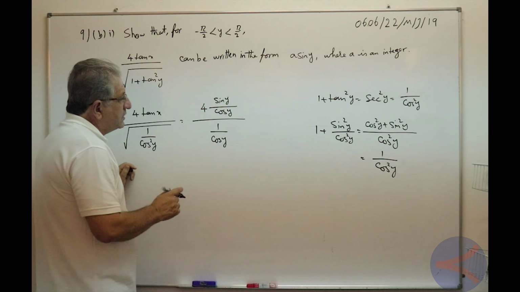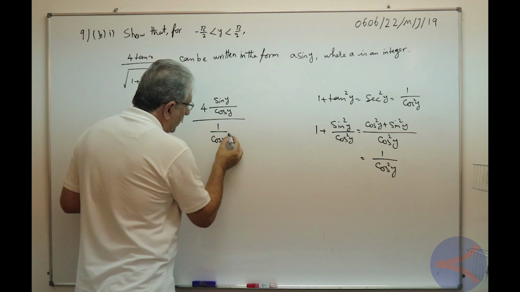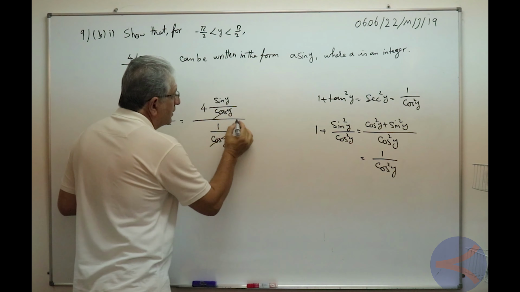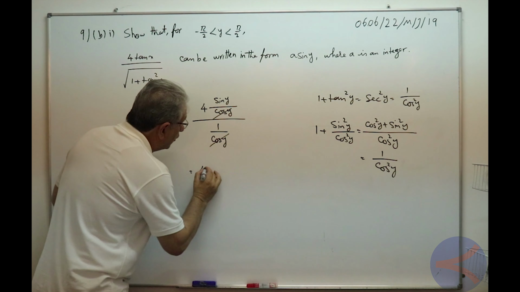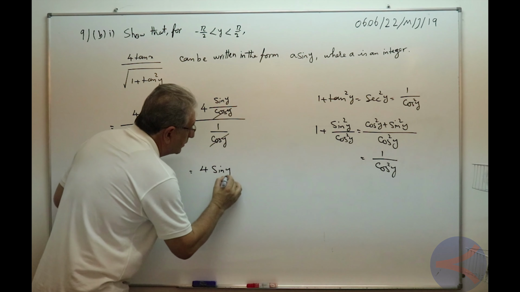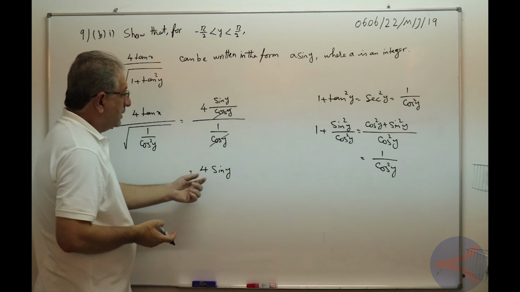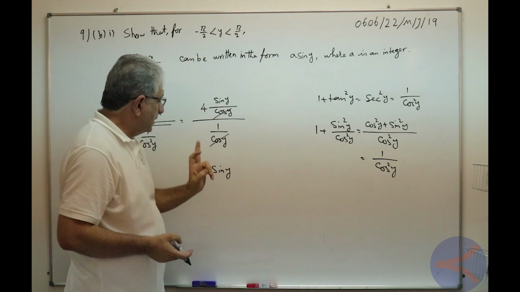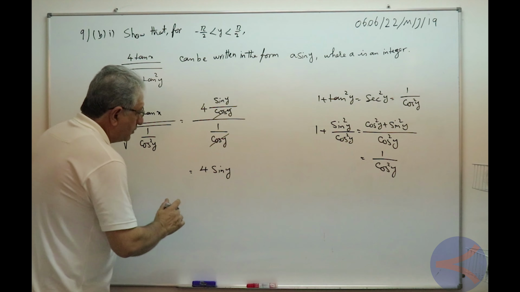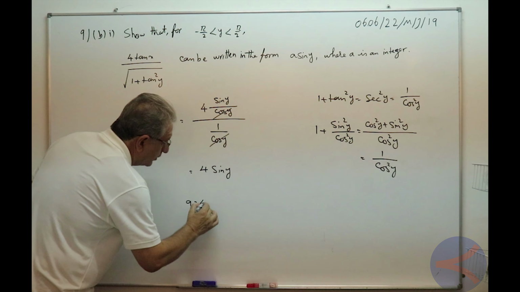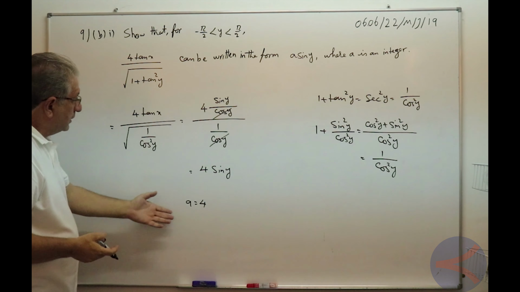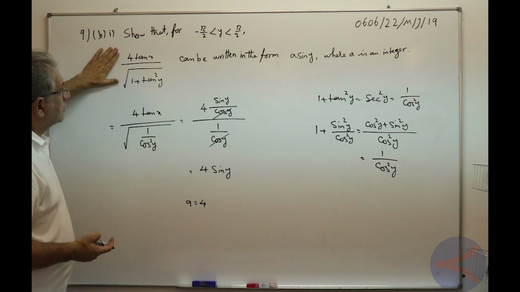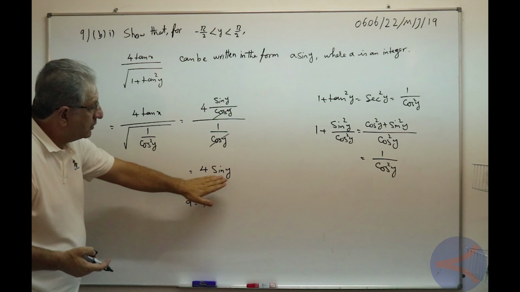Therefore this cos y cancels this cos y, and the answer is 4 sin y. So the value of a, the integer, is 4. Now this is done, and we have proved that this is equal to 4 sin y.